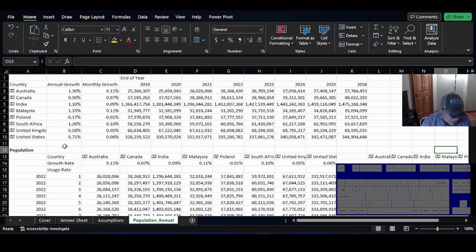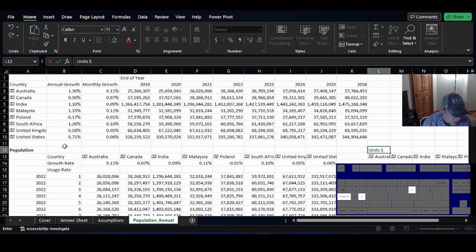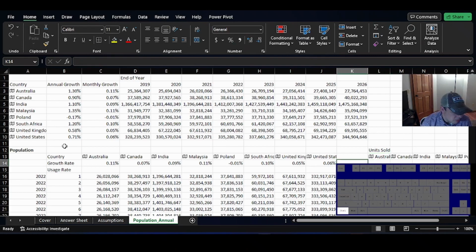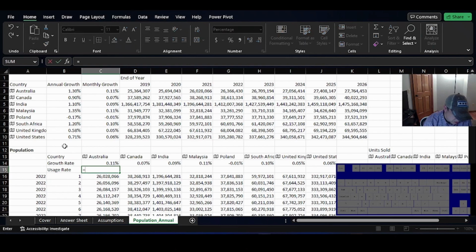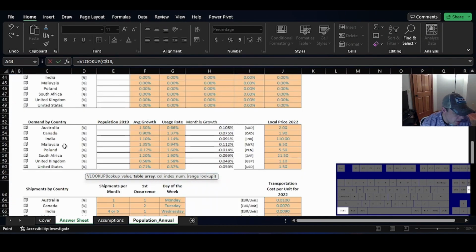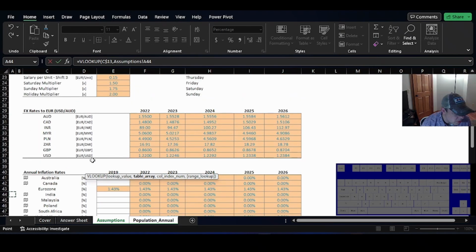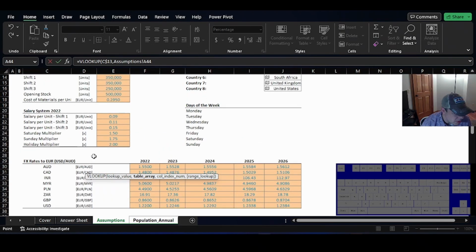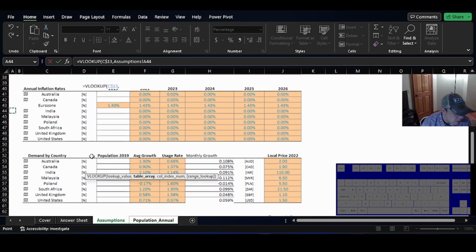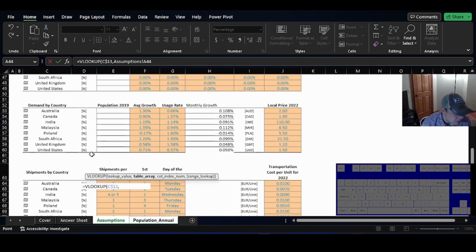And then this over here is going to be units sold. All right, so it's basically the usage rate per month. That's what they do. So it's equals, if you look up that, and then the usage rate, which I definitely saw. Where did I see that? Come on now. Demand by country. There's the demand by country.